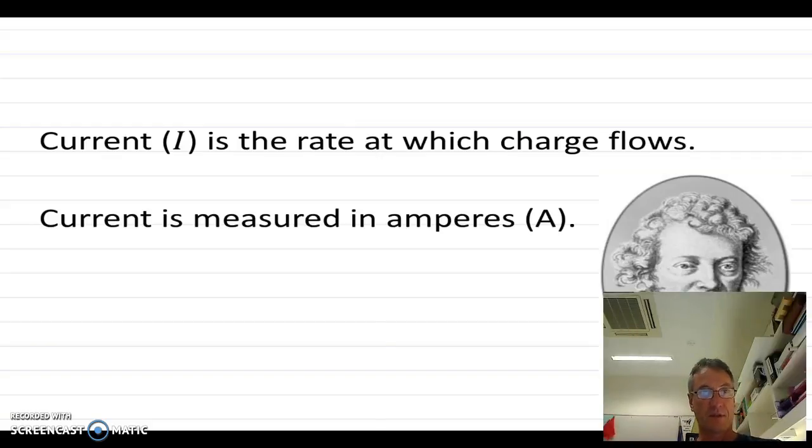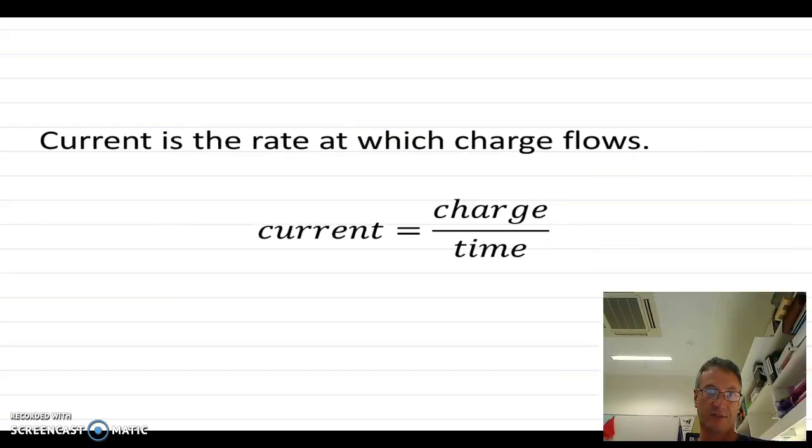The quantity symbol for current is I, so we use this when we're writing equations involving current, and the unit is amperes, which is the symbol that we put after our answer. Expressed as an equation in words, current equals charge over time.